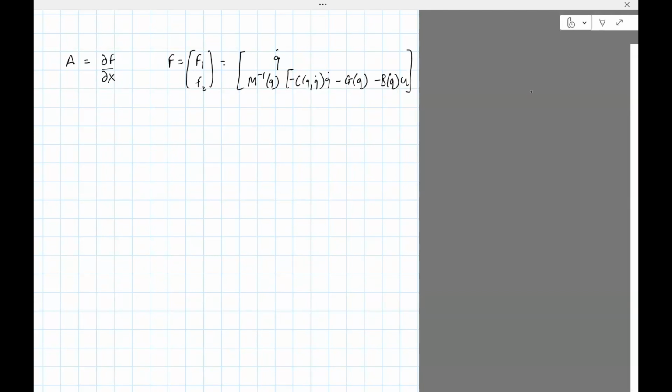So x is q, q dot. Everything I've written down so far is from the previous page.